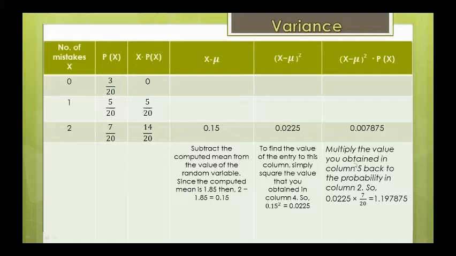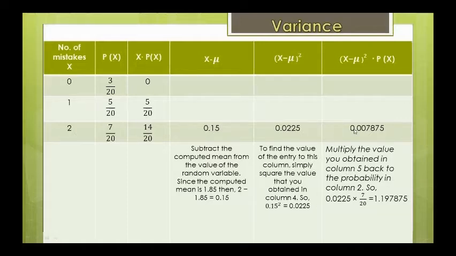Multiply the value you obtained in column 5 by the probability in column 2. So, 0.0225 multiplied by 7 over 20. Yung sa second column times the fifth column, yun ang isusulat natin sa sixth column natin. So, 0.0225 times 7 over 20, that is equivalent to 0.007875.